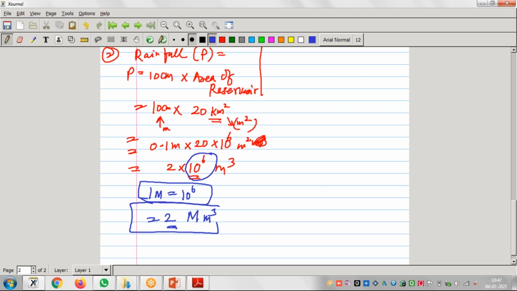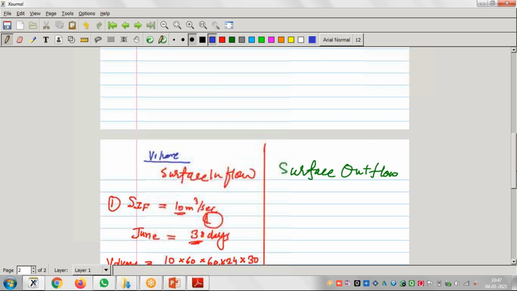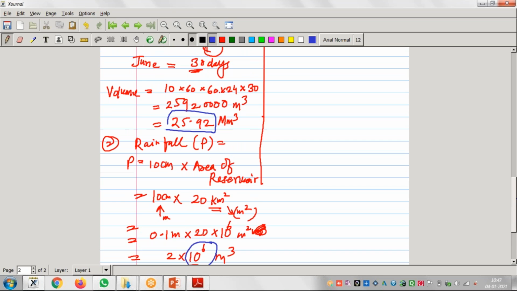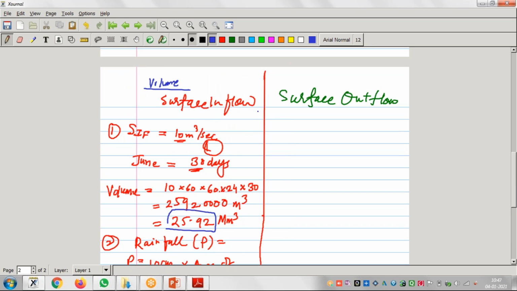Now, what is outflow? Surface outflow is also there. So surface outflow is 15 meter cube given per second, and this is surface outflow, OF, right? I have to convert it into this volume. So 15 meter cube per second.